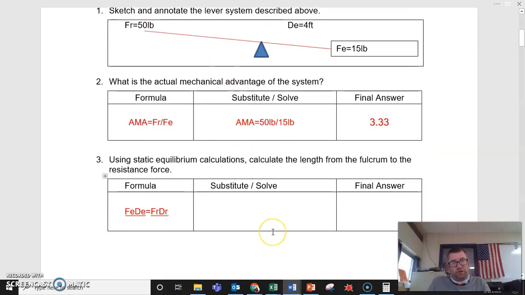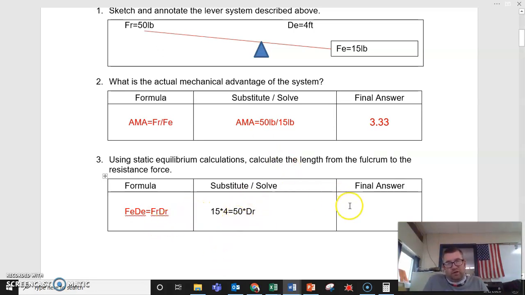If I scroll up, we have an FE of 15 pounds, we have a DE of 4 feet, and we have an FR of 50 pounds, and we have a DR we don't know, so that's what we're trying to solve for.